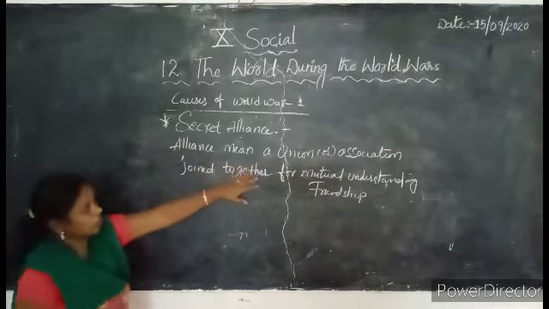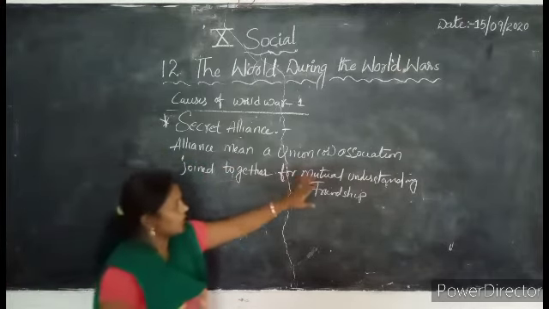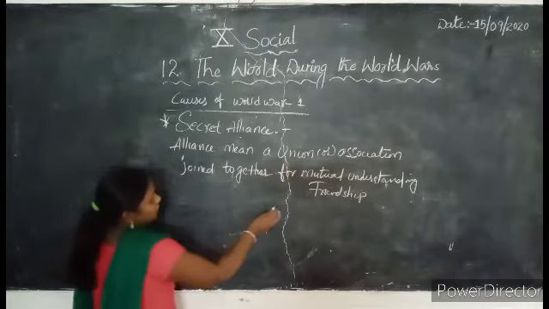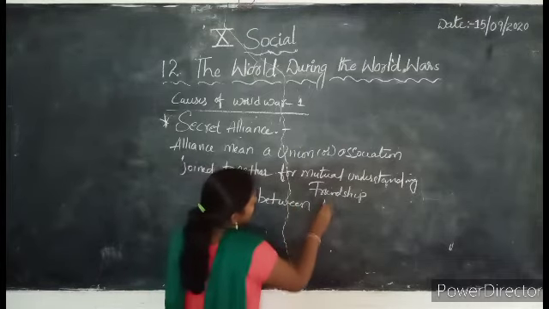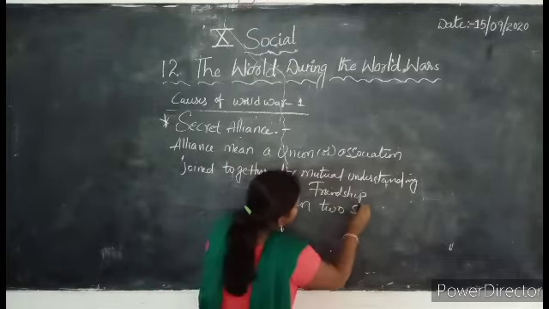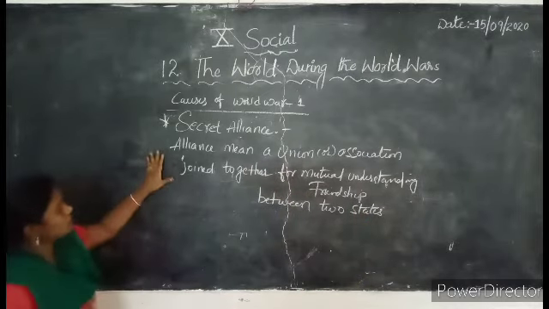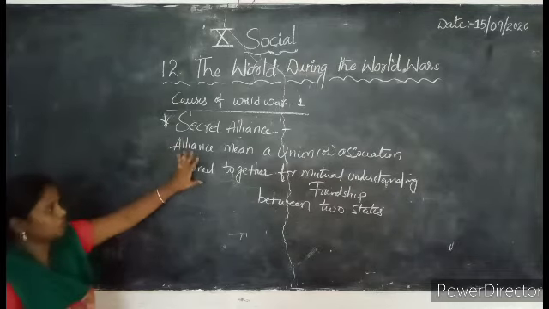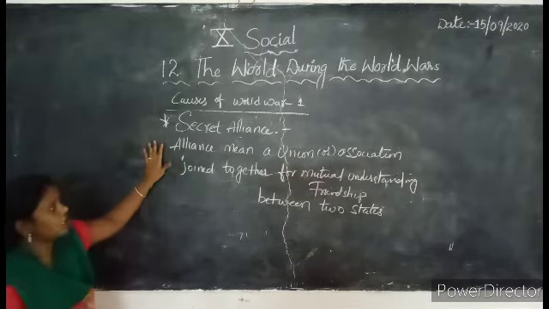Alliance means a union or association joined together for mutual understanding or making friendship between two states. So, you got the meaning of alliance: a union or an association between two states for mutual understanding or friendship.